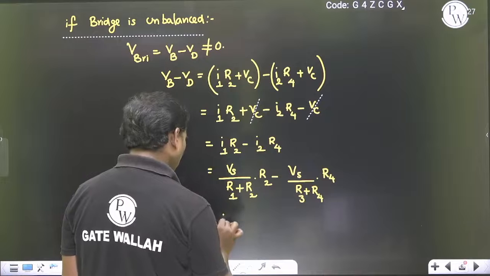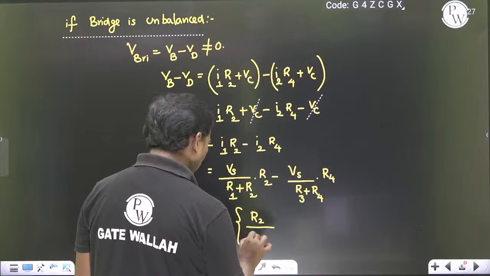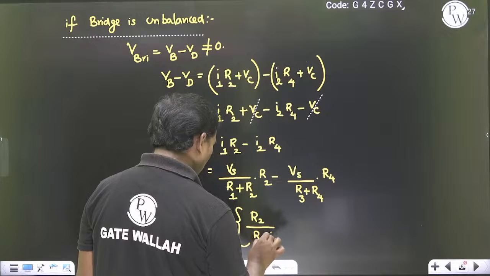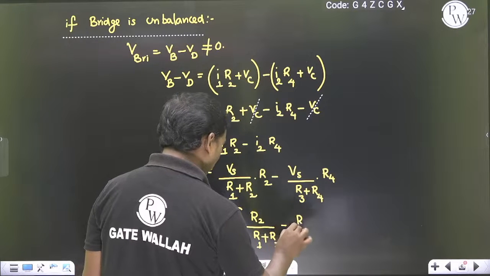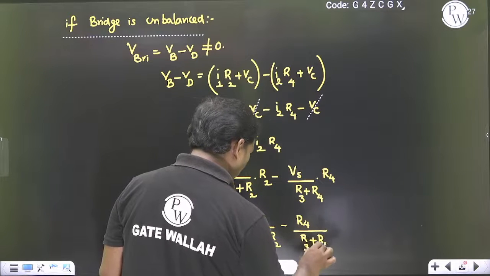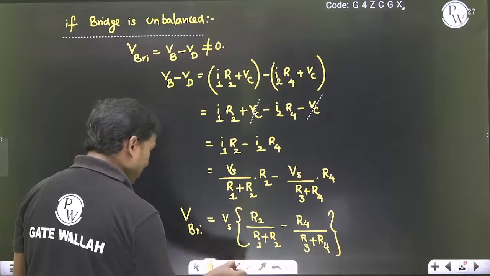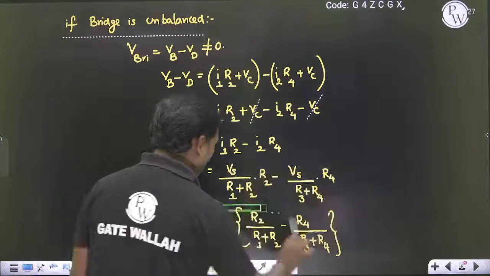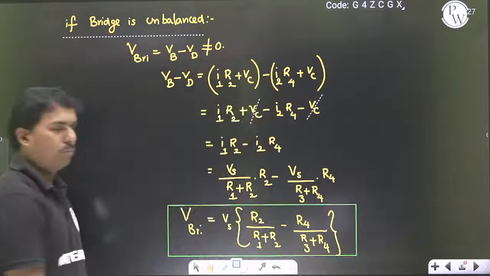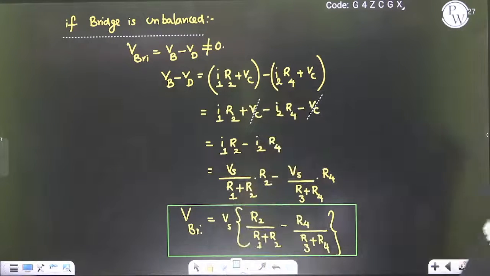So V bridge can be written as Vs into R2 by R1 plus R2 minus R4 by R3 plus R4. This is the Wheatstone bridge expression. Please note down, these are all important derivations with respect to the Wheatstone bridge.